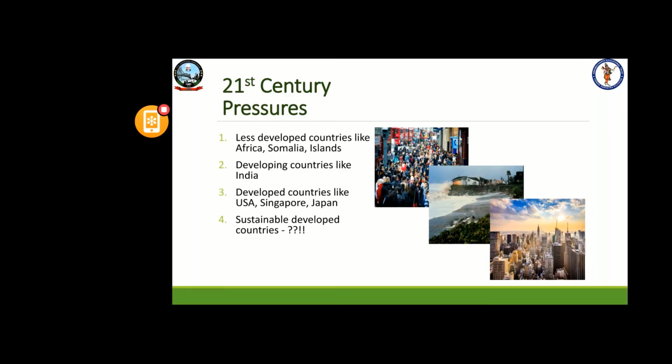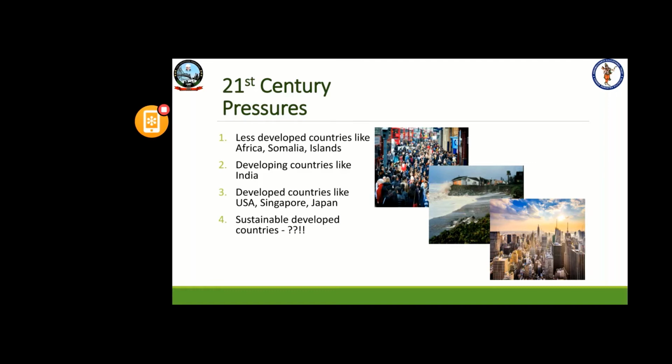Developed countries, developing countries and less developed countries all have problems of environmental pollution. The developed countries have air pollution, wastewater problems and hazardous waste.